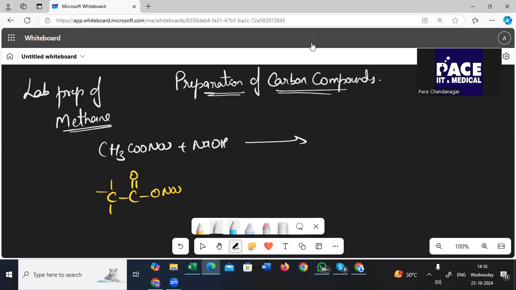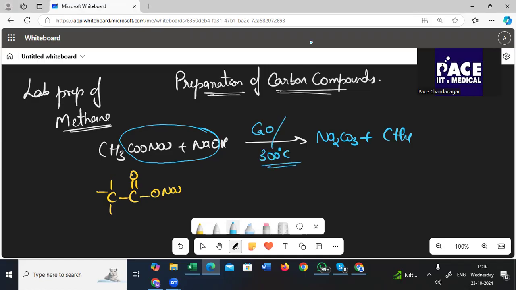That gives you Na2CO3, which goes away, plus CH4, which is released. This is in the presence of calcium oxide at 300 degrees Celsius.